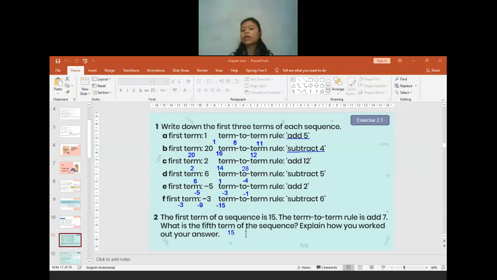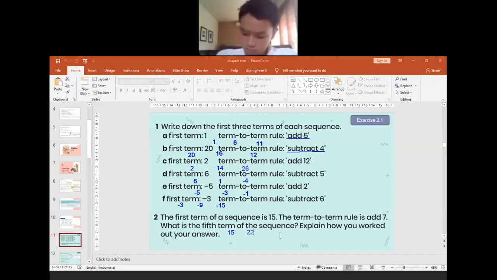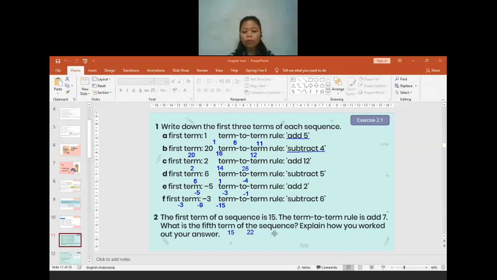So the first term is 15. What is the second term? The second term becomes 22. Okay, after 22, how many will it be? 29. Okay, 29. After 29, how many will it be? 36. Okay, 36.